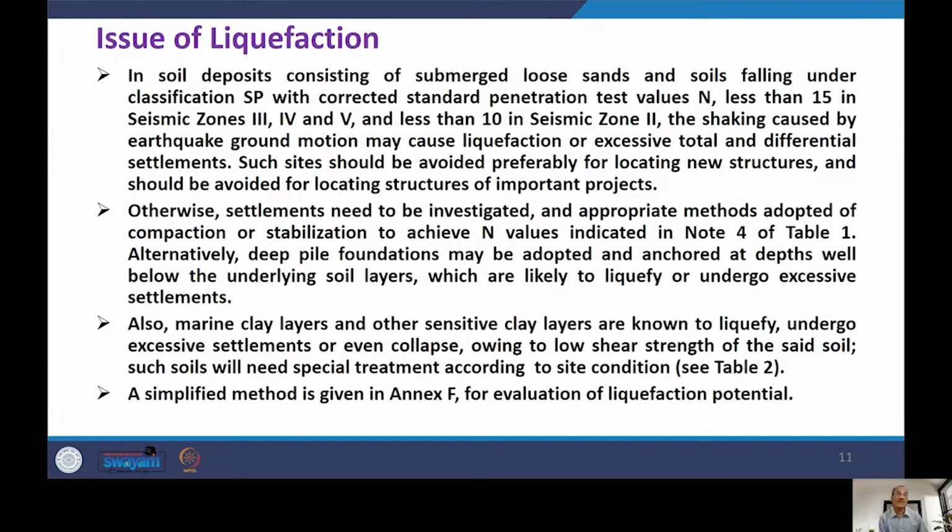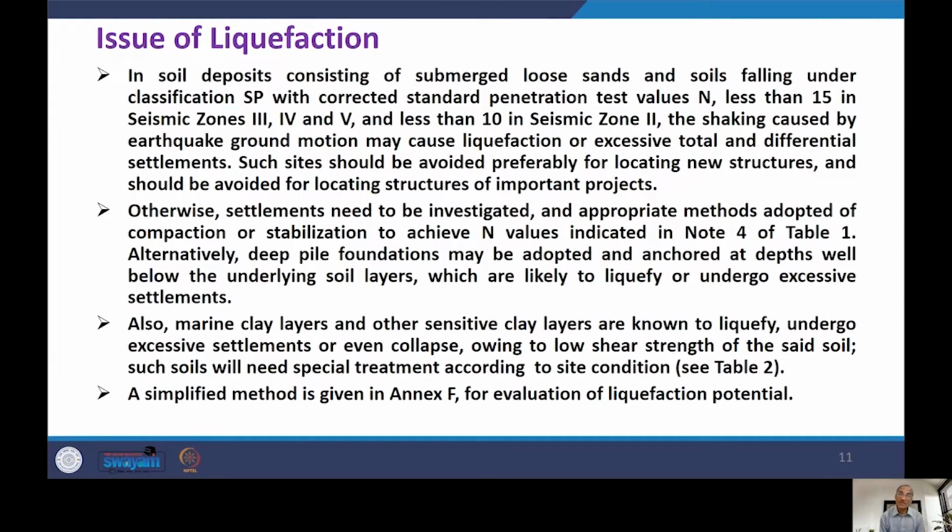In that case, the shaking caused by earthquake ground motion may cause liquefaction or excessive total and differential settlements.